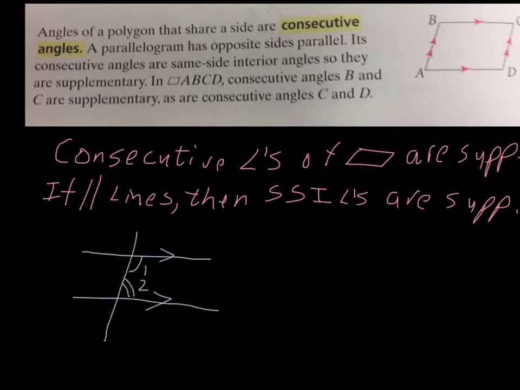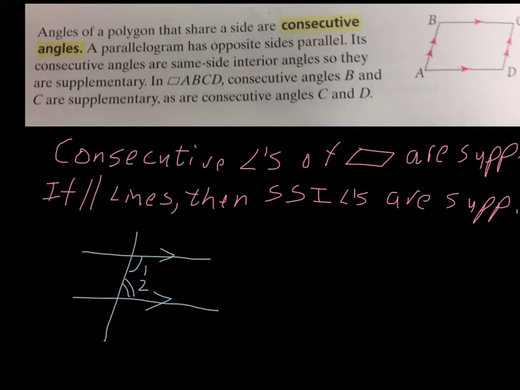If you look at this figure, if the top and the bottom of the parallelogram are parallel, then you can tell angles 1 and 2 are going to be supplementary, because if parallel lines, then same side interior angles are supplementary. That's like angles A and B in our parallelogram up above.